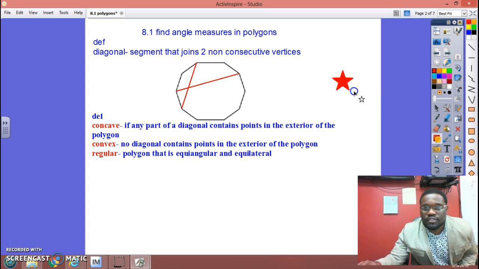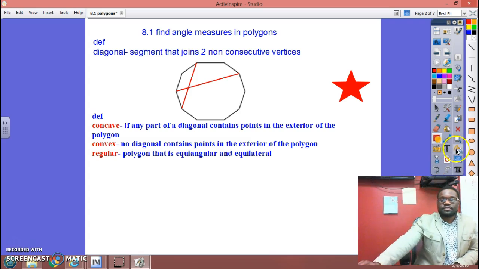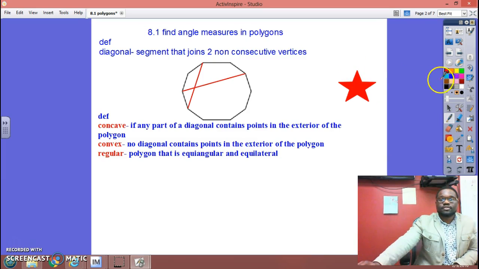How about this? Now, if you look at this, if I draw the diagonal from here to here, notice how that's outside the figure. That means that this shape is called concave.